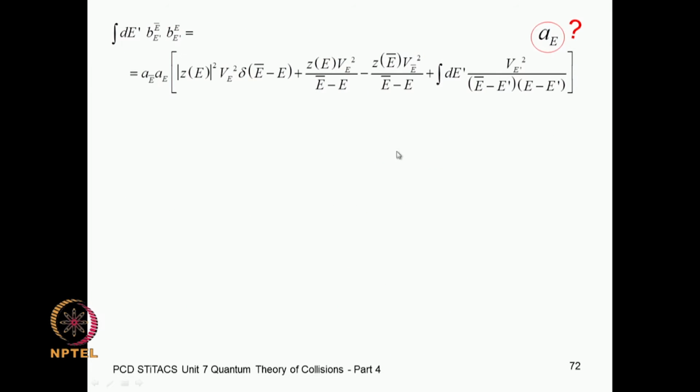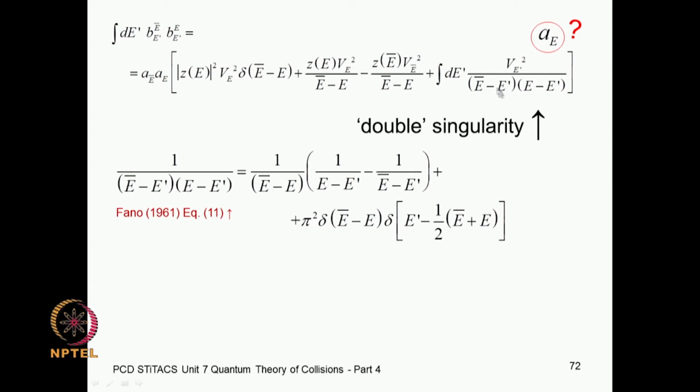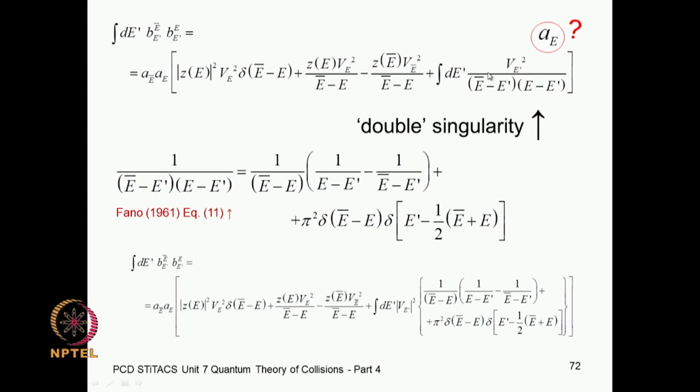So, we will use this identity over here, and using this identity, this integral now takes this form. Instead of this integral, you have the dE prime V(E prime) squared coming here, and here this 1 over double singularity is now written in this beautiful bracket, which is this entire right hand side of this identity. Okay.